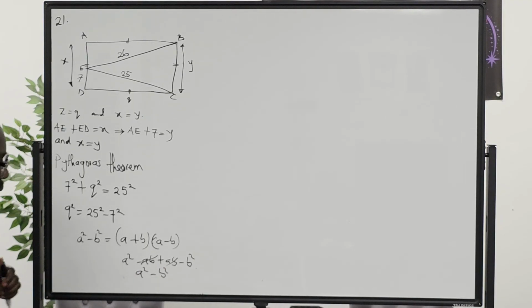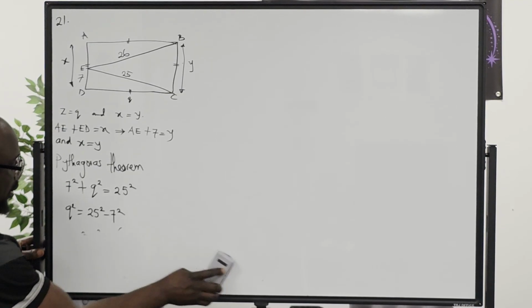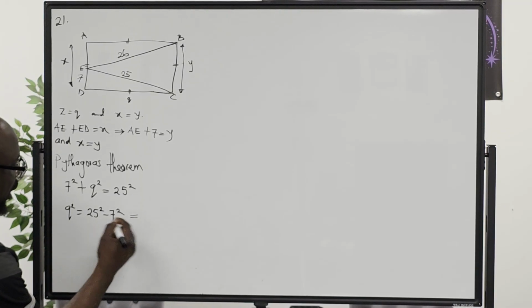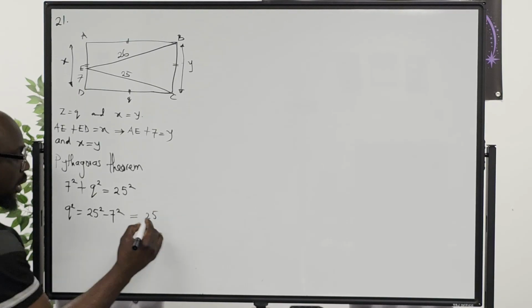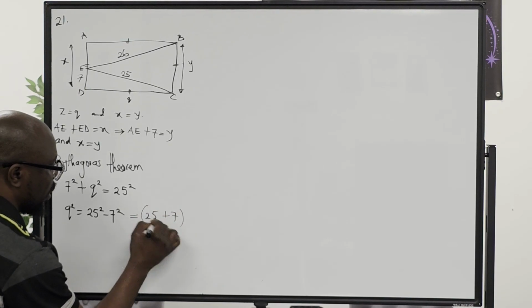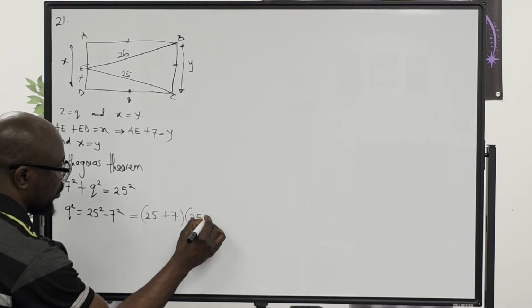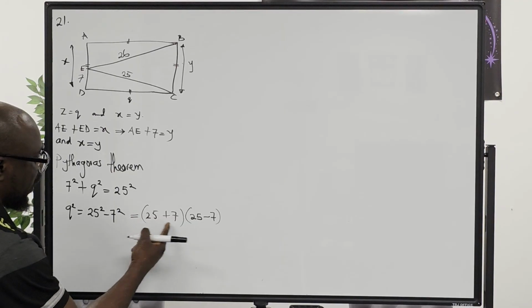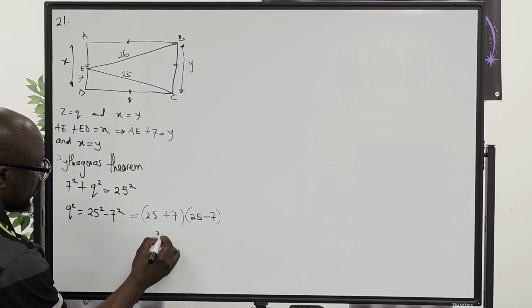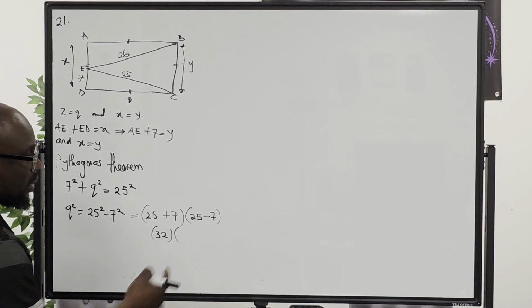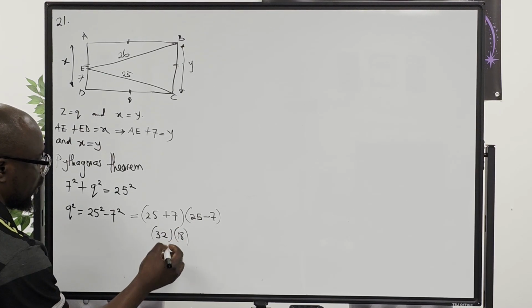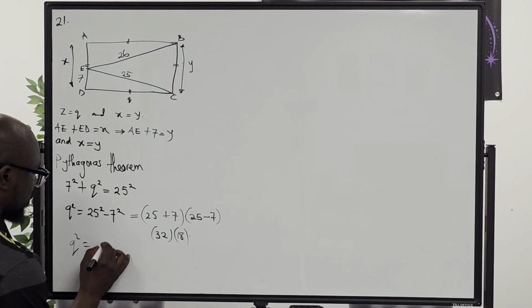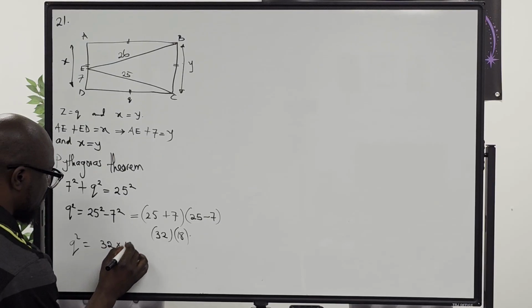So instead of whipping out your calculator, you can quickly write this as 25 plus 7 times 25 minus 7. 25 plus 7 should give you 32, and 25 minus 7 should give you 18. So you can say Q squared equals 32 times 18, right?